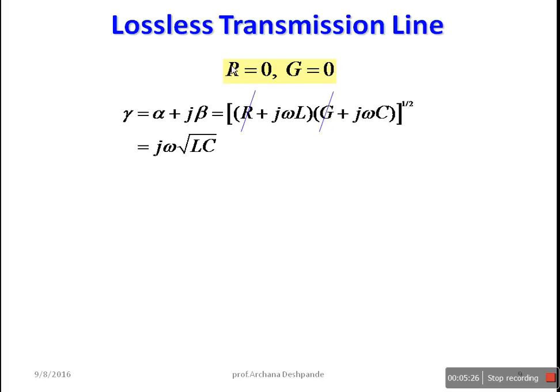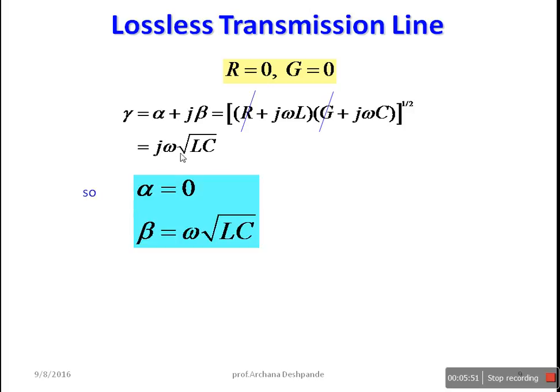If I substitute R and G as 0 in the formula for gamma, which is the square root of Z into Y, then I get gamma as j omega times the square root of L into C. From this it is very clear that gamma has only an imaginary term, that indicates alpha is 0 and beta is omega times the square root of L into C.